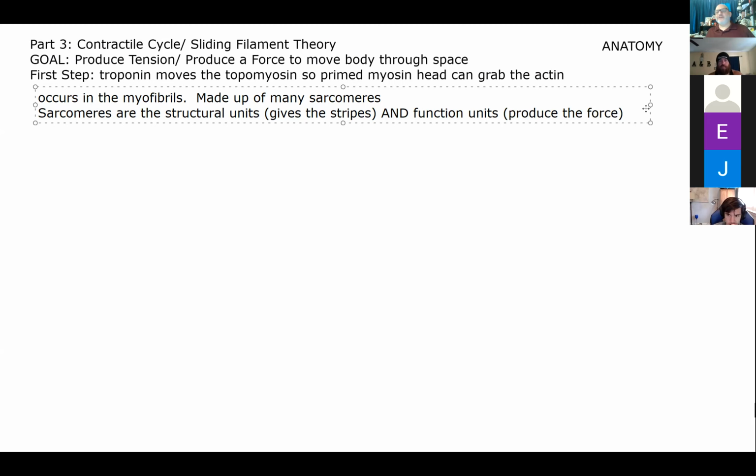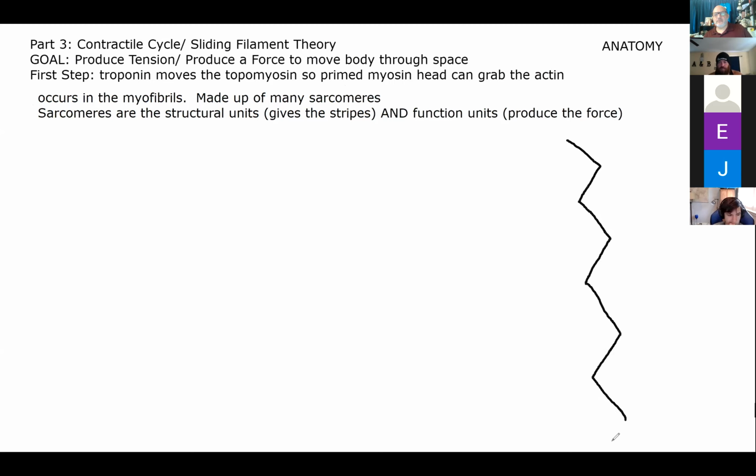All right, so let's talk about the anatomy of our sarcomere. We drew a really simple one earlier, and we can stick with that simple one for starters. We know it is going to be bounded on, why is that green? We have our Z discs, which form the boundaries of our sarcomere.